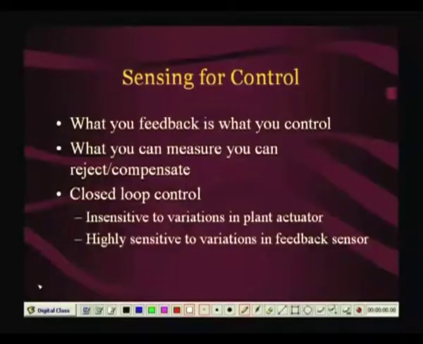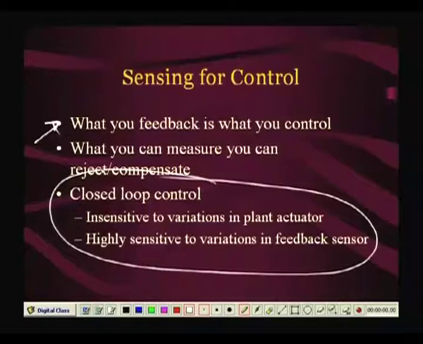What you feed back is what you control, and if you can measure or compute something, then you can reject or compensate it. The closed loop control is insensitive to variations in plant or actuator, but highly sensitive to variations in the feedback sensor.